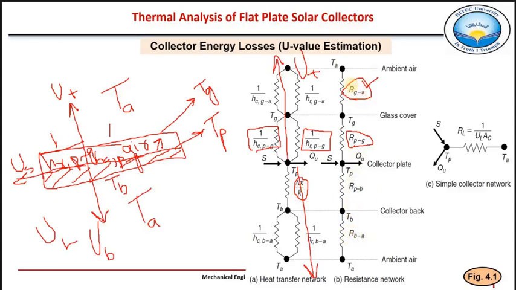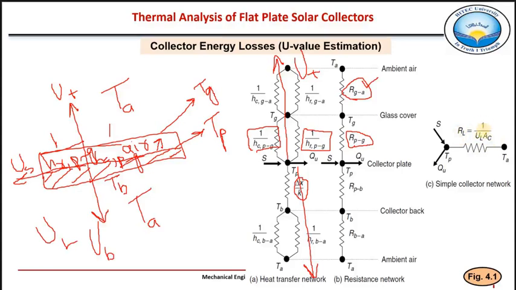The sum of all the heat transfer resistances, RGA plus RPG plus RPB plus RBA, is shown here as RL, the overall heat transfer resistance, because that is the energy which is absorbed by this plate. That's why its temperature is increased, and now there are losses from plate to ambient, given by this resistance value.